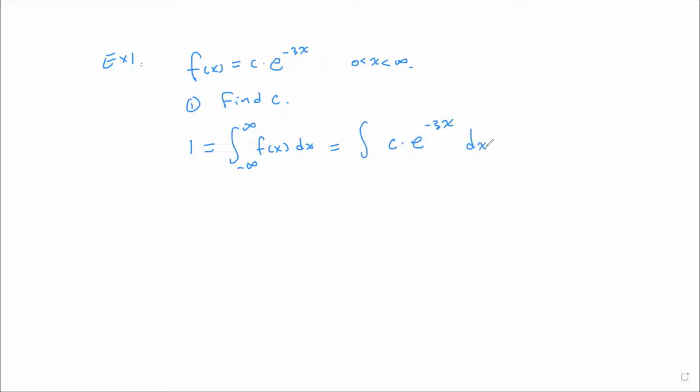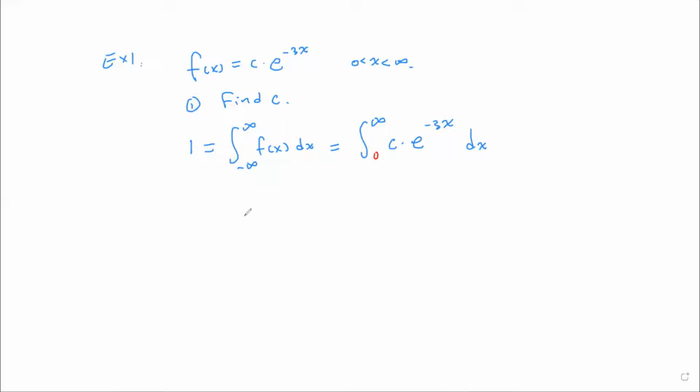Once you plug in this function, you must change the lower limit to 0, because the function itself is 0 when x is less than 0. So you cannot keep the negative infinity here. That would be wrong. And then we just do the integral.